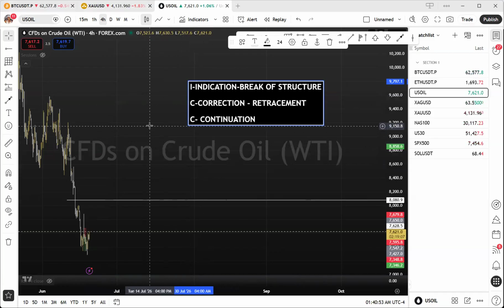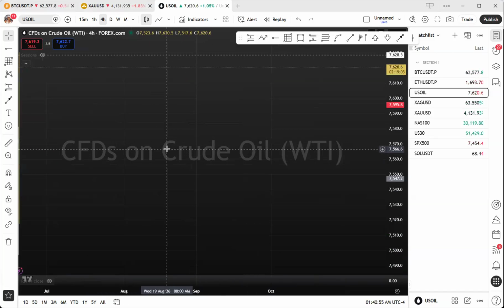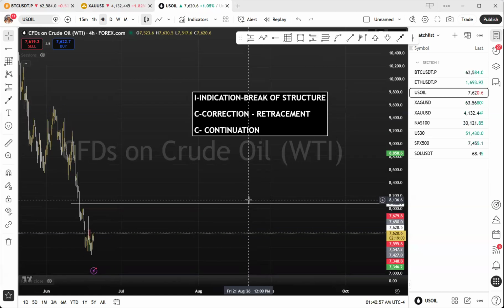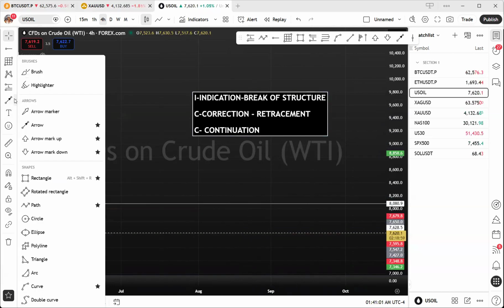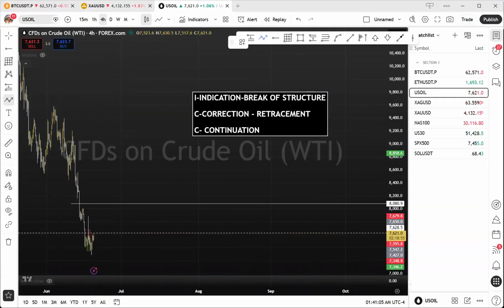So, how does this strategy work? You have your indication, which is your break of structure, and you have your correction, and then you have your continuation.